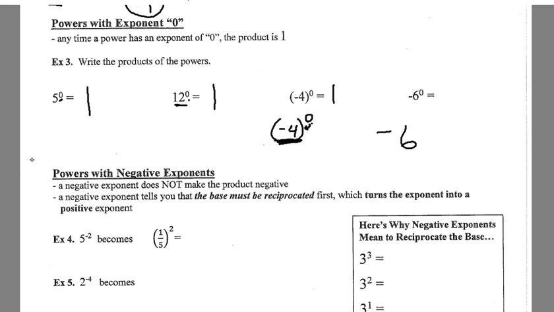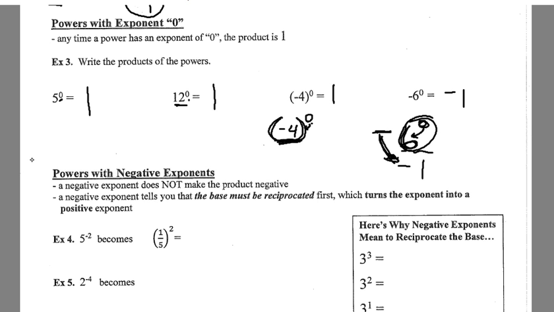This last one, a little trickier. Because in this case, what's the base for the 0? Just the 6. So 6 to the 0, anything exponent 0 is 1. But the negative's out front by itself because there's no bracket. We need to make sure we include it. So it's a negative in this case because the 6 exponent 0 is the power, negative out front.